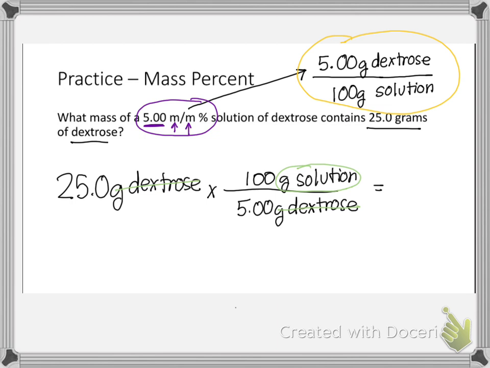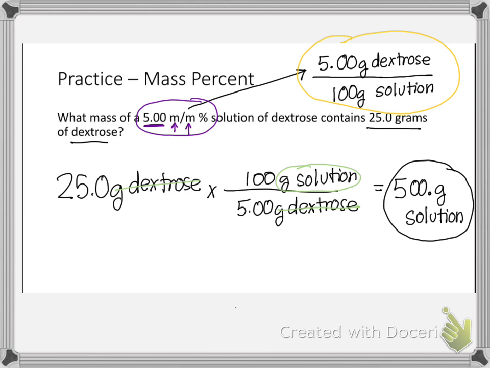So I say 25 times 100 divided by 5. And I get the answer of 500. So I have in 500 grams of solution, 25 grams of the dextrose, if it's 5%.